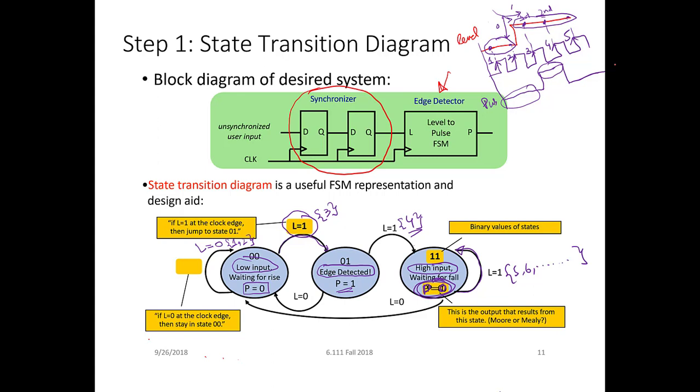You only go out of this state when you encounter L equal to 0. So on L equal to 0, maybe after 1000 cycles the input has become 0, then you go to input is low.